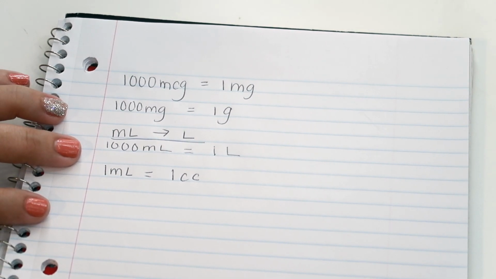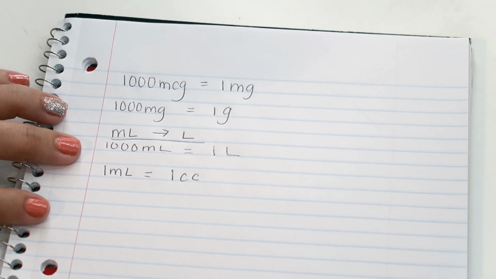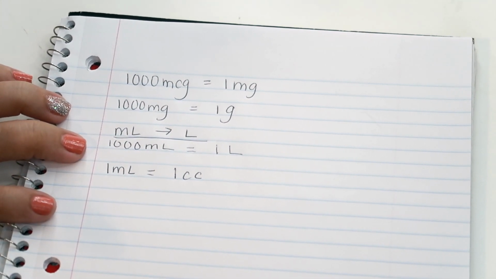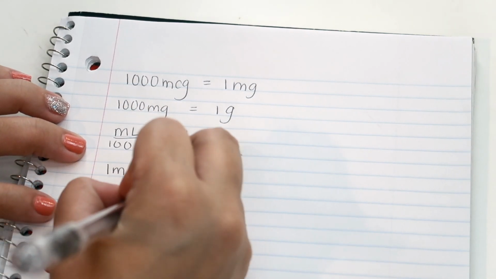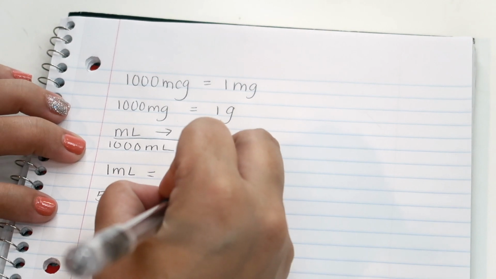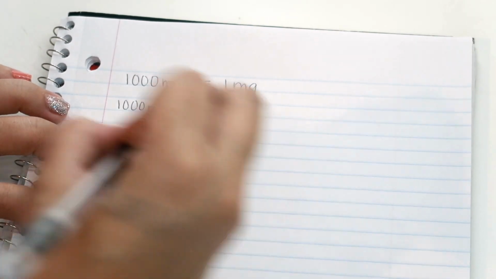Okay? And then we want to convert milliliters to teaspoons. That's very important, because often with pediatric medications, you'll have a problem where it says there is X amount of milliliters in the bottle, and the mother asks how many teaspoons per dose they are supposed to give. Things like that. So 5 milliliters equals 1 teaspoon.